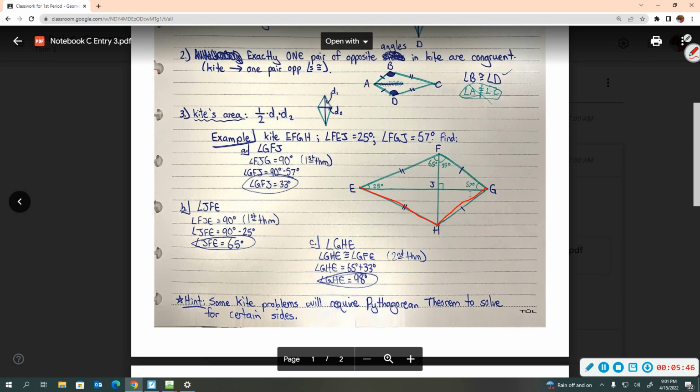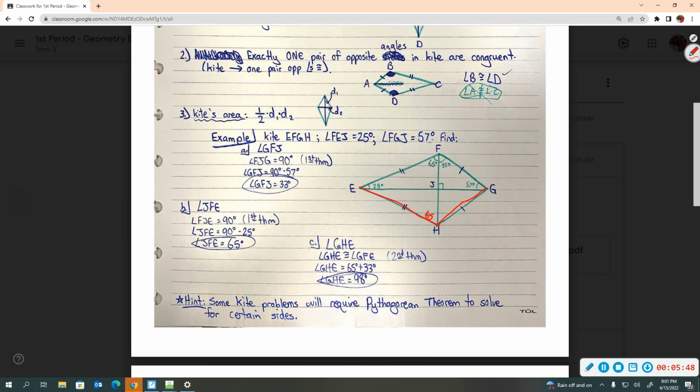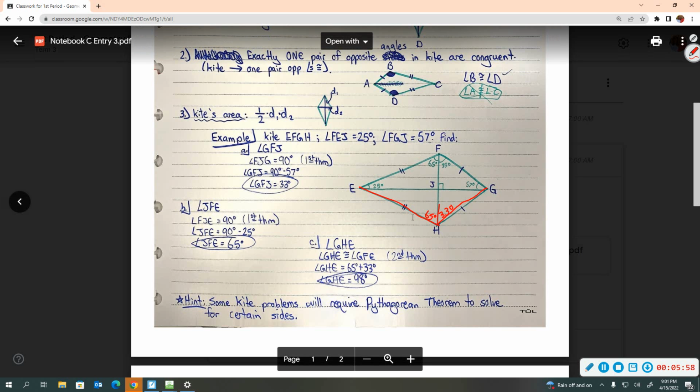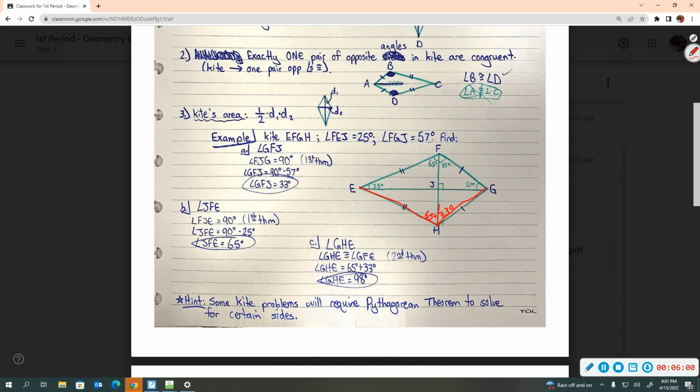So if this one's 65, this one's 65, this one's 33, this one's 33, and what would those two angles together be to make that big one? 65 plus 33, this angle had to be 98.